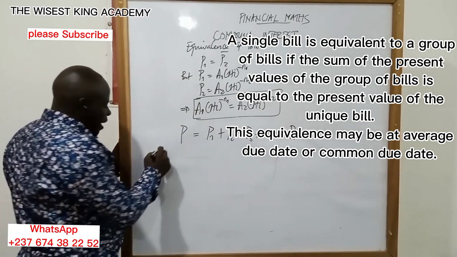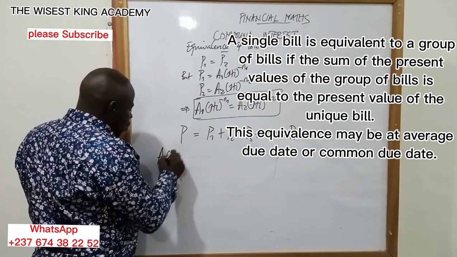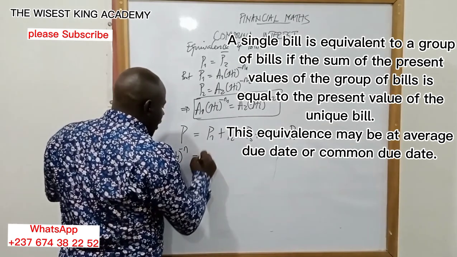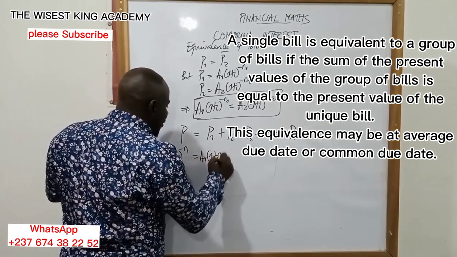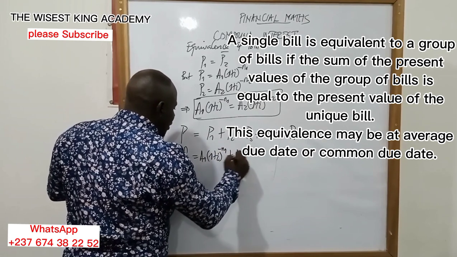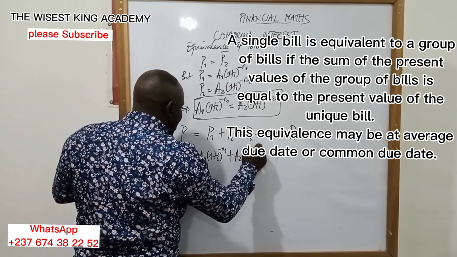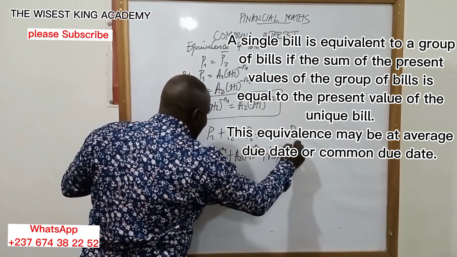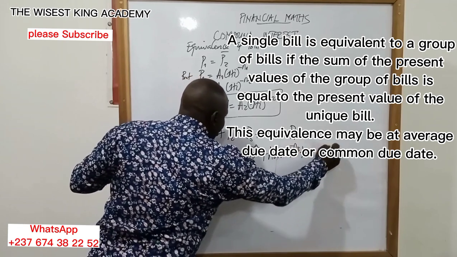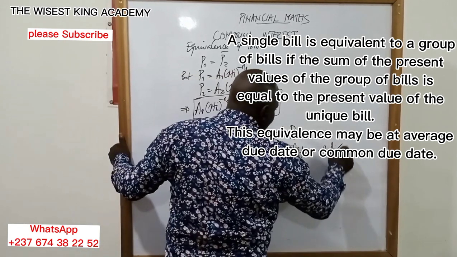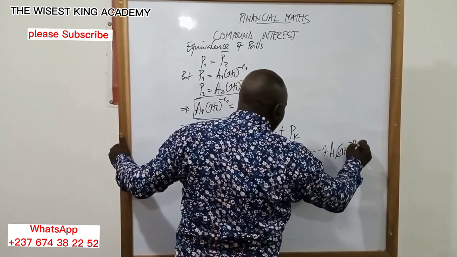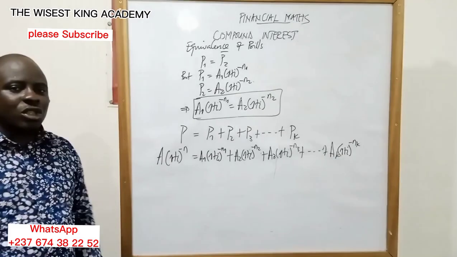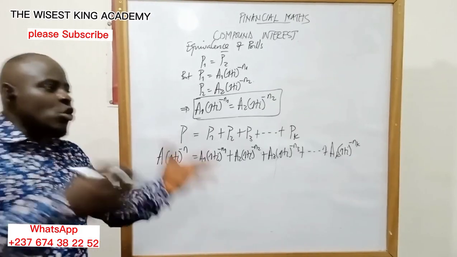So this equation is given like this: A into (1 plus i) raised to the power negative n equals A1 into (1 plus i) raised to the power negative n1 plus A2 into (1 plus i) raised to the power negative n2 plus A3 into (1 plus i) raised to the power negative n3 plus ... plus Ak into (1 plus i) raised to the power negative nk. This is the equivalence equation of a single bill to a group of bills.